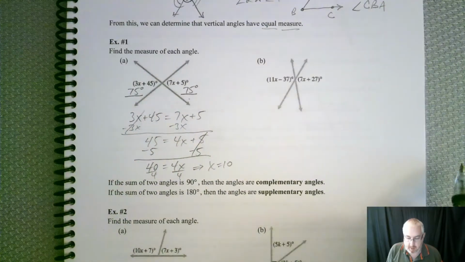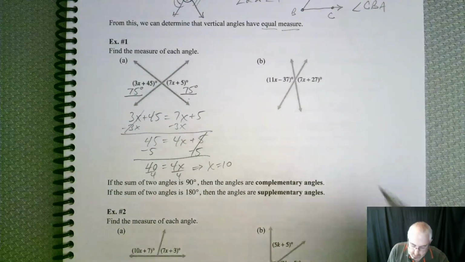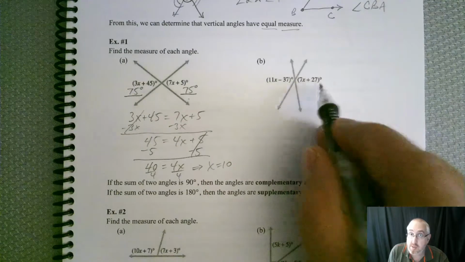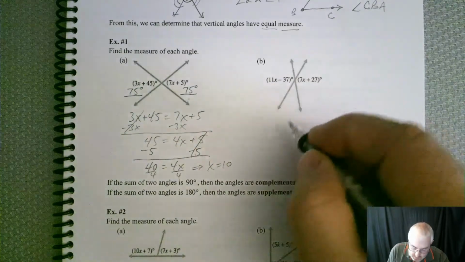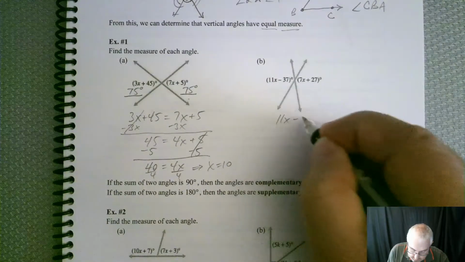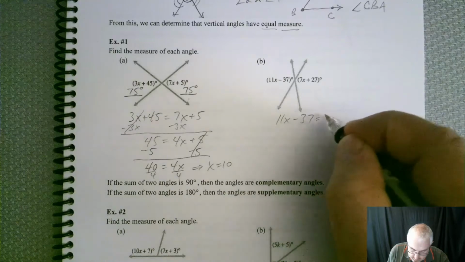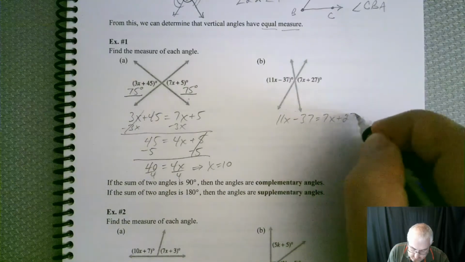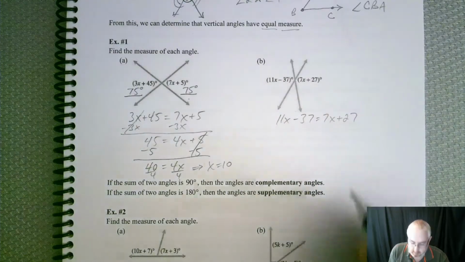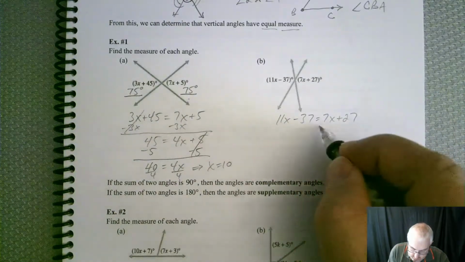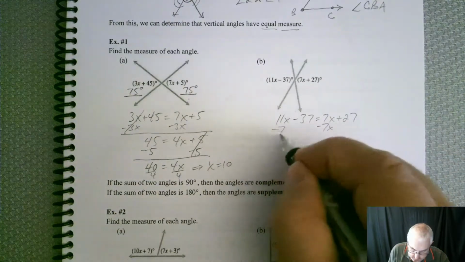Very much the same thing, a little bit messier numbers, but still opposite, so they still got to be equal to each other. So 11x minus 37 equals 7x plus 27. All right, so let's subtract 7x.